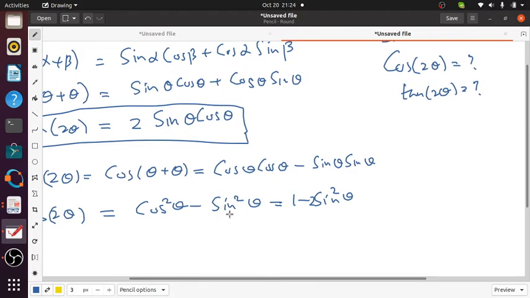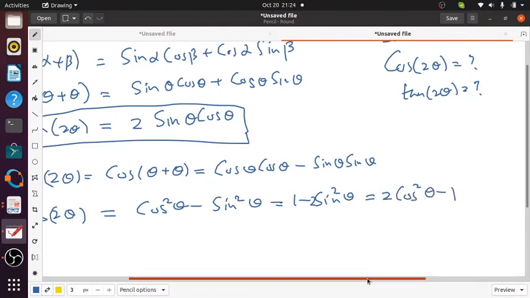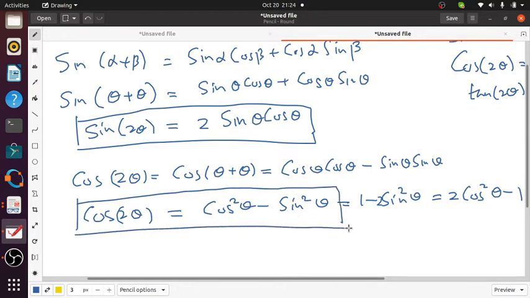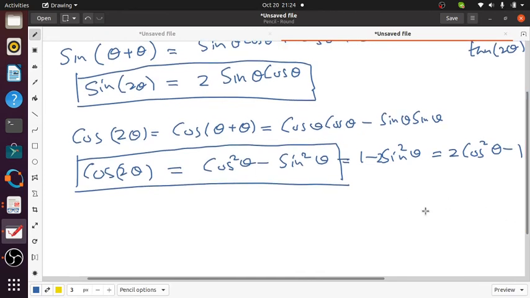If you replace sin square theta with 1 minus cosine square theta, you get 2 cosine square theta minus 1. So depending on the problem, you can select either one of these expressions. So cosine 2 theta is equal to cos square theta minus sin square theta. I'm not gonna write out the other two forms, but these can be used.